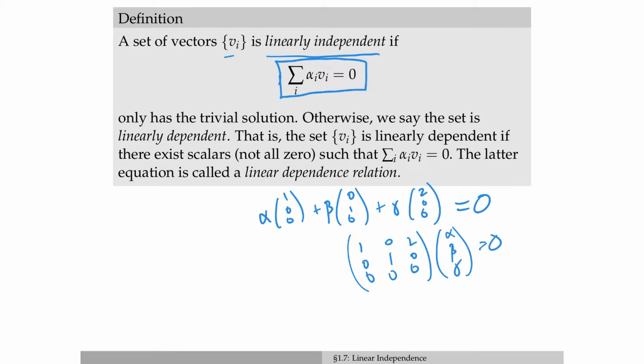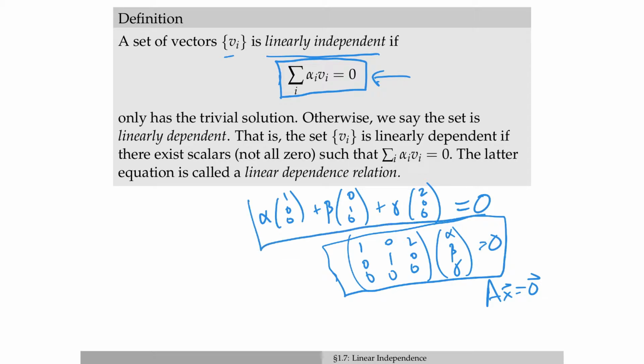Well, lo and behold, asking whether or not this has trivial or non-trivial solutions is tantamount to solving for our homogeneous solutions to that equation. Very, very important connection.